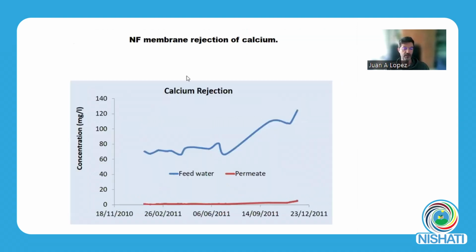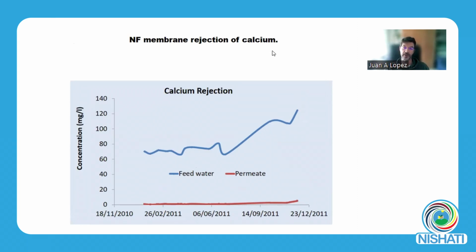Well, we did a lot of research. If somebody is interested, we have some papers and I can send them. Here you can see, for instance, the calcium rejection. This is the concentration of calcium in feed water, and this is the permeate. You can see that the calcium concentration in the permeate was really, really low, despite the increase with the drought period.